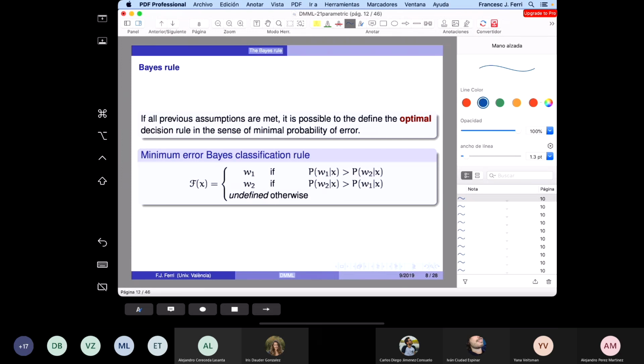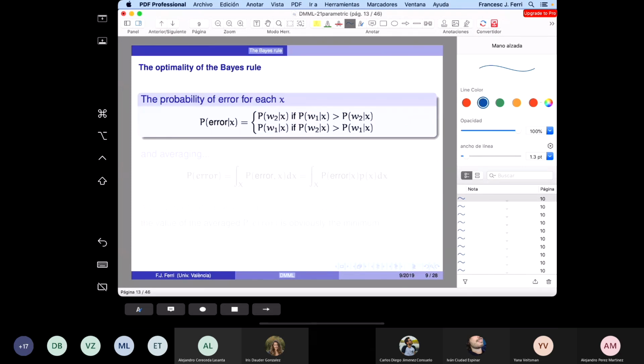So the Bayes classification rule is the optimal possible rule if all our assumptions about this distribution hold. For this rule, we can compute the true probability of error. The true probability of error for each point x in the space is given precisely by the posterior of class 2.